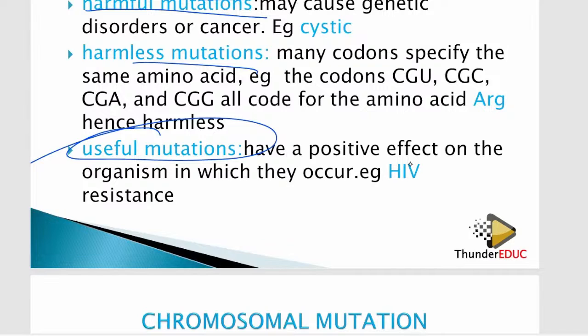Therefore, it is useful on the side of HIV, however much it becomes a disadvantage to the side of humans. But in this case, we are not looking at the human, we are looking at the virus. So for the virus, it's able to survive. Therefore, it's a useful mutation which has occurred in the virus.